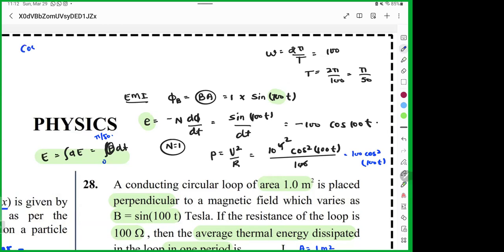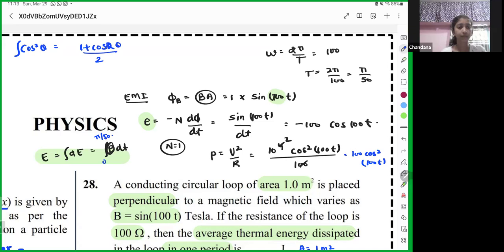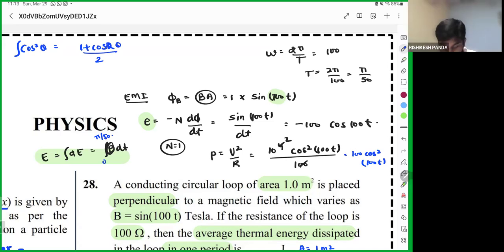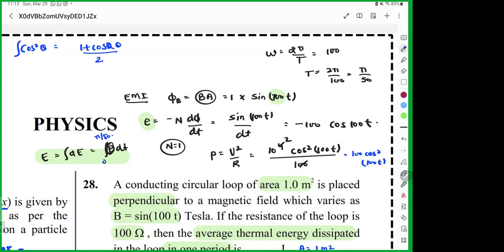Chandana, if you take cos square theta integration, what will be the value? Is it 1 plus cos 2 theta by 2? Yes, sir. Am I right? Cos square theta integration is this.